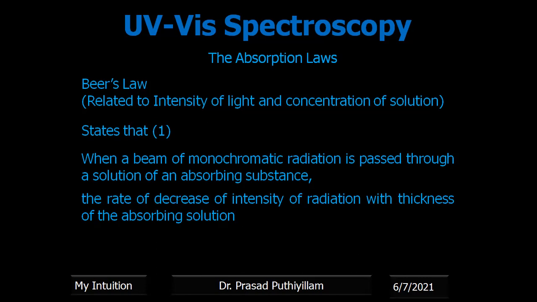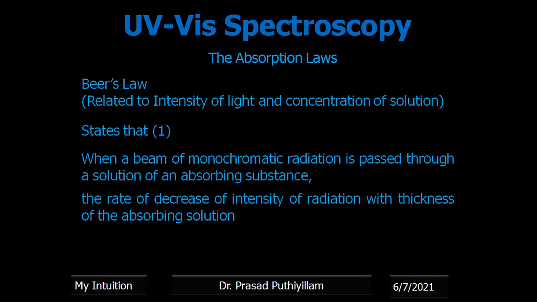It is not that at the beginning on one side of the cuvette the light is absorbed, and suddenly we calculate the other side. No, if you consider the solution as different layers, then at each layer the light, or the photons, will be absorbed.